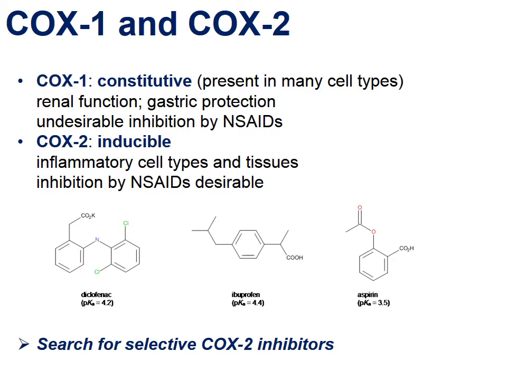Now, COX-1 was known for many years before COX-2 was discovered. And soon after COX-2 was discovered, people found that this enzyme is inducible. So it's normally present at very low levels, but in inflamed tissue, this enzyme is induced to fairly high levels.